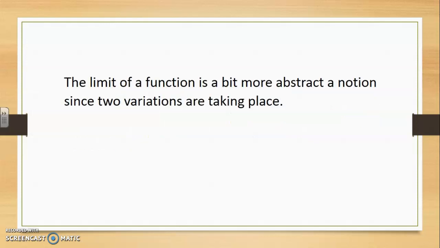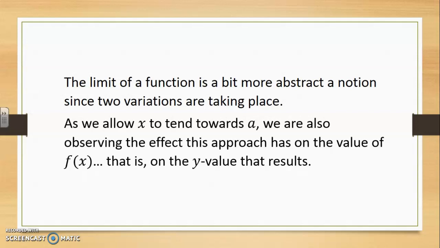The limit of a function is a bit more abstract than is the case of x approaching a, because now two variations are going to be taking place simultaneously. As we allow x to tend towards a, as we've shown previously in some of our sequences, we are also observing the effect that this approach has on the value of f of x, that is, on the y value that results from our choices.